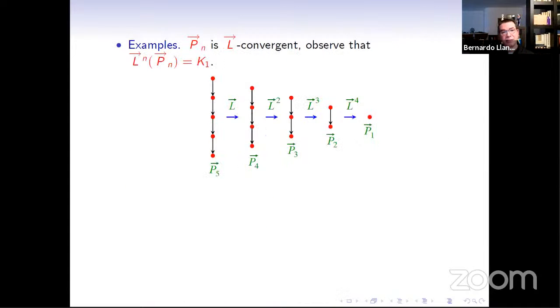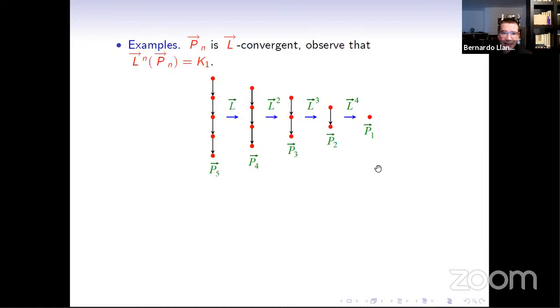Now, what happens if you go to directed graphs, to line digraphs? Well, for example, again the oriented path is L-convergent. It is easy to see if you apply the definition. Recall that you have a vertex for every arrow, and you put an arrow between two vertices if the arrows are consecutive.